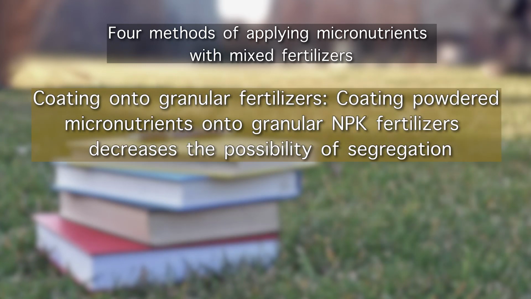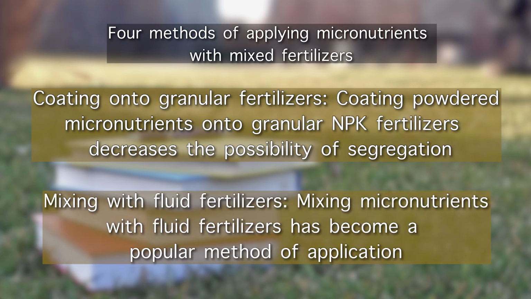The third is coating onto the granular fertilizer, where we use NPK fertilizer coated with microelements so that they are required in less amount. And the last, which is most popular, is mixing with fluid fertilizer because they are water soluble, and in both ways they can be used on the foliar leaves as well as the root.